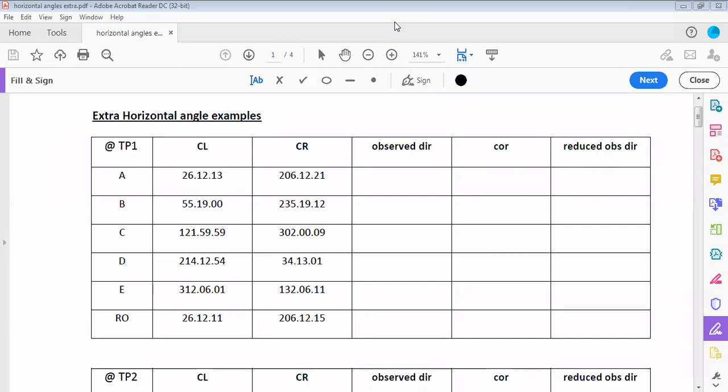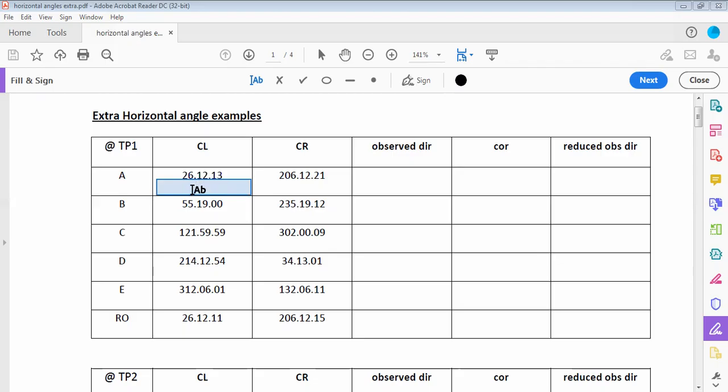Okay, no problem. So we will basically be working with circle right first. Reason being, we're going to either be adding 180 degrees or minus 180 degrees. How you determine when to minus or when to add is you look at your circle left.